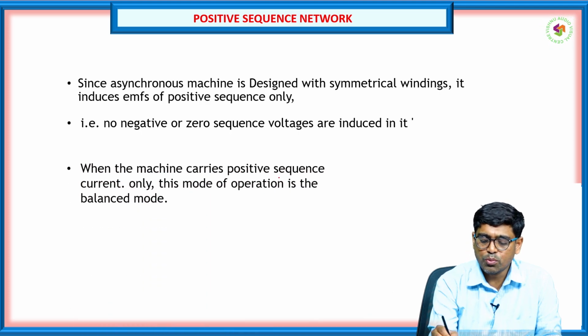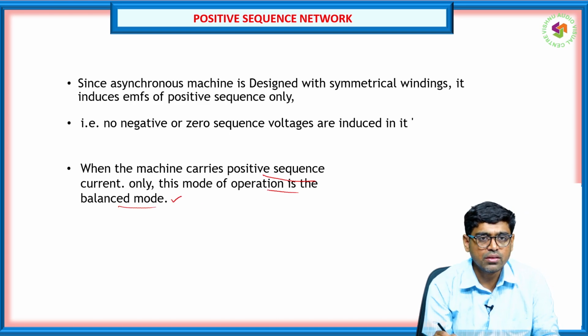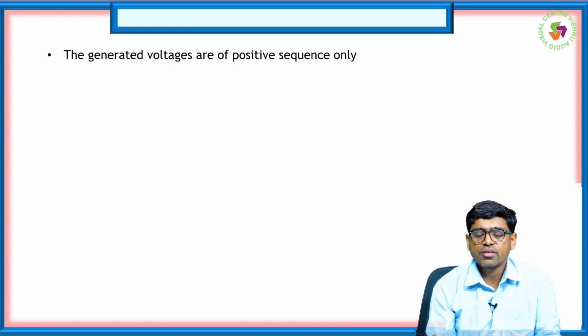When the machine carries positive sequence current only, this mode of operation is the balanced mode. So if it is carrying only positive sequence current, then it is under balanced condition, and the generator voltages are positive sequence only.